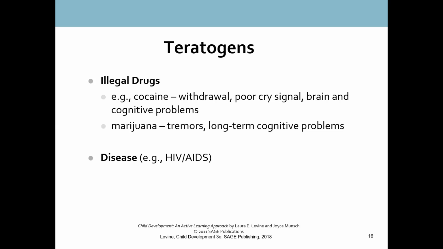Diseases. There are a number of diseases that can be very, very harmful. HIV/AIDS is certainly one of the ones at the top of the list. It can be passed to the fetus during the pregnancy, or during the birth process.